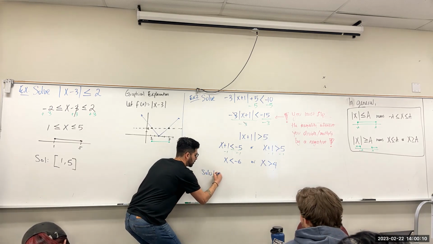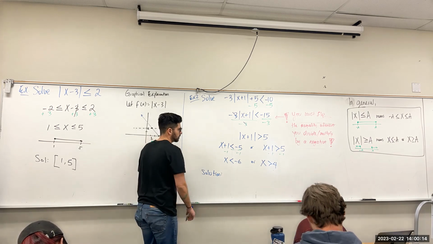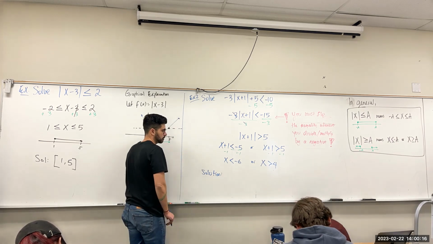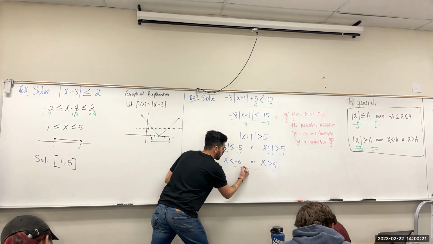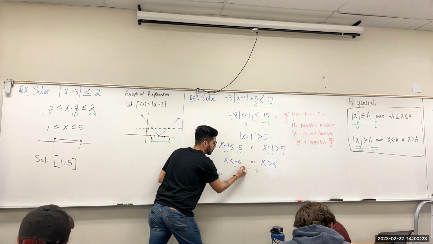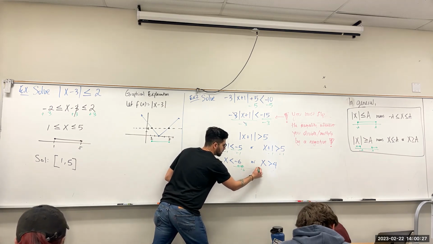But you guys will have to write your answer in intervals. So let me do a visual here. There's -6, there's +4. I want x to be less than -6 or greater than 4.